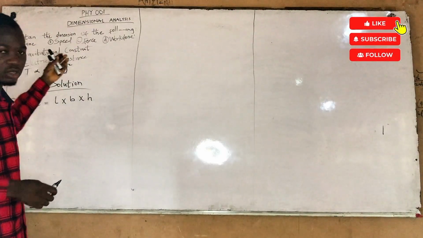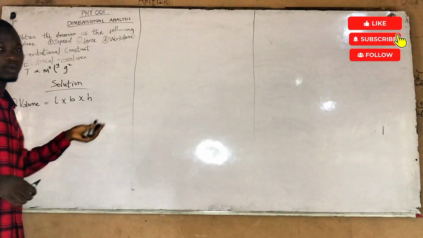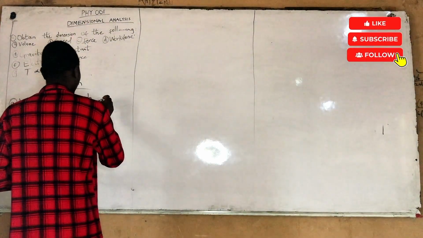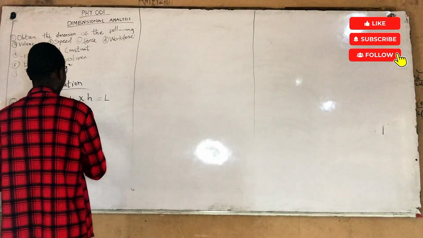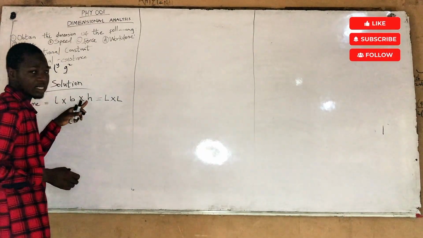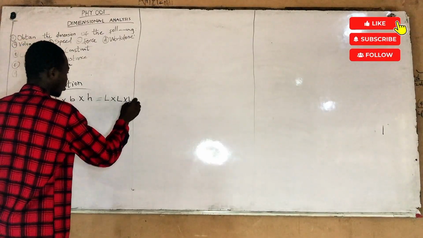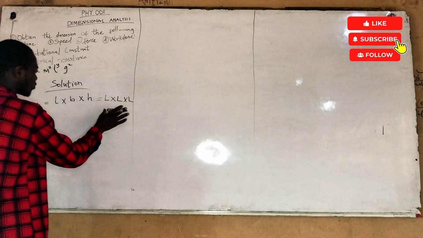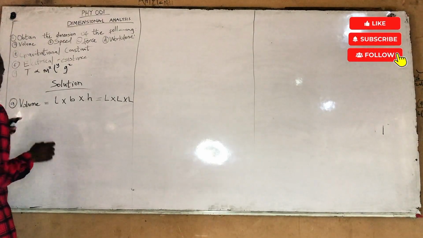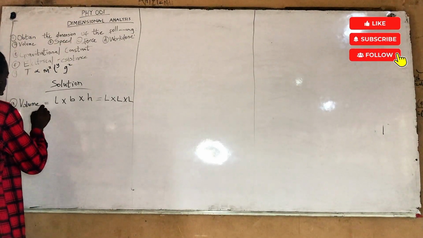And in dimension, we say length is represented by L. So we have L, and breadth is also L, height is also L, that means we have L times L times L. So our dimension for volume will be L cube.